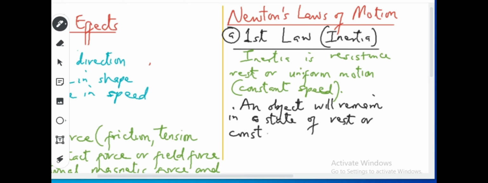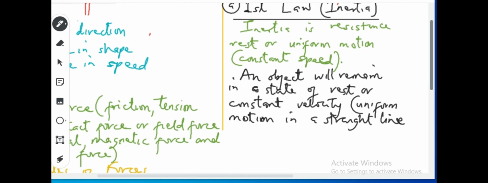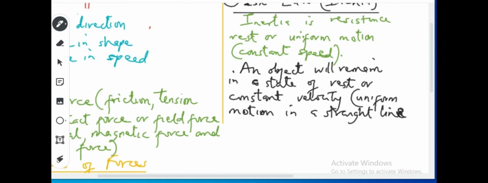Let me just say constant velocity, which we call uniform motion in a straight line, unless there is an external resultant force that acts on it. I need to explain what I mean.